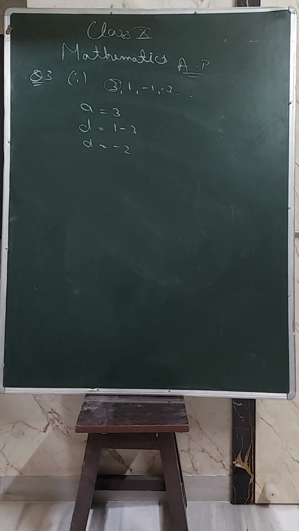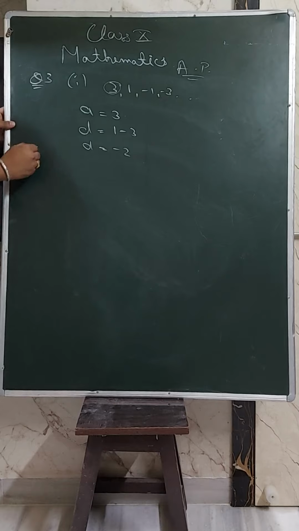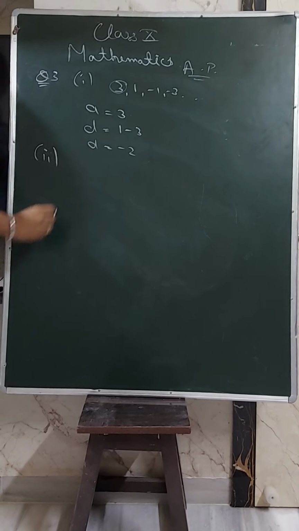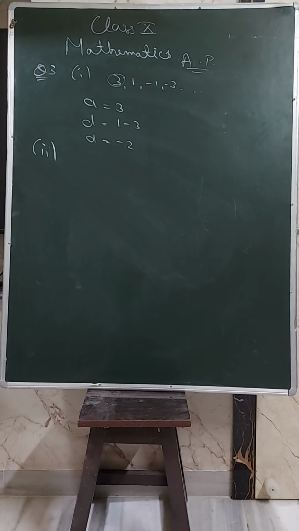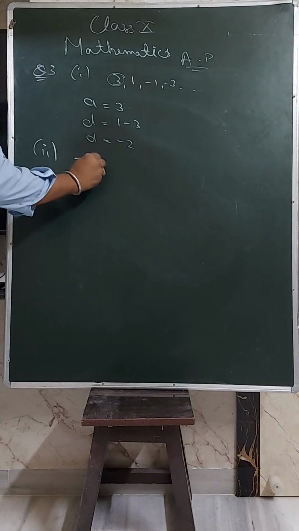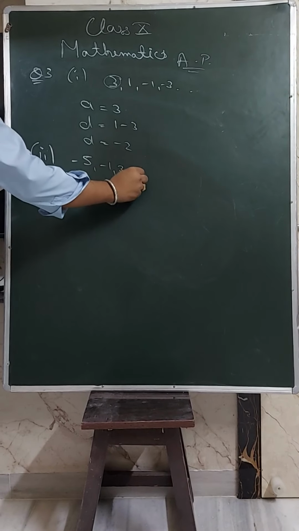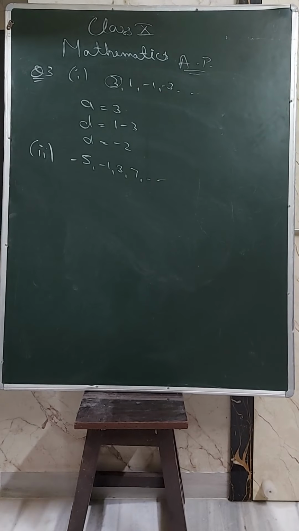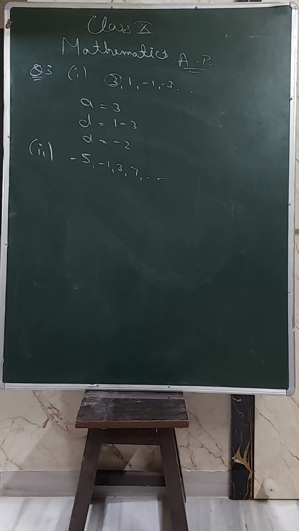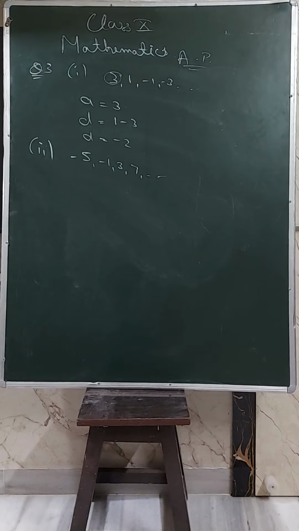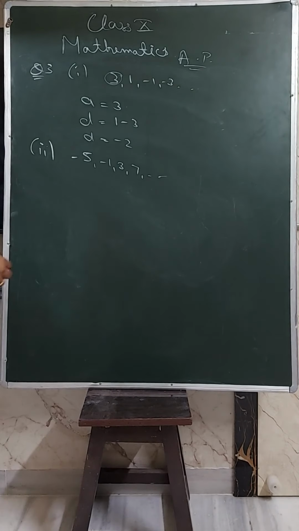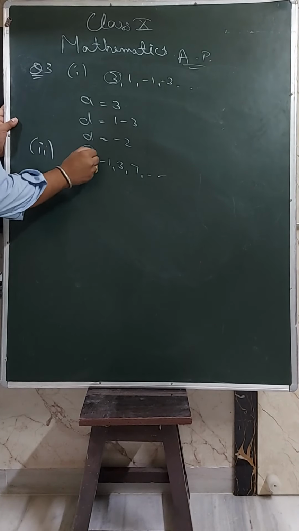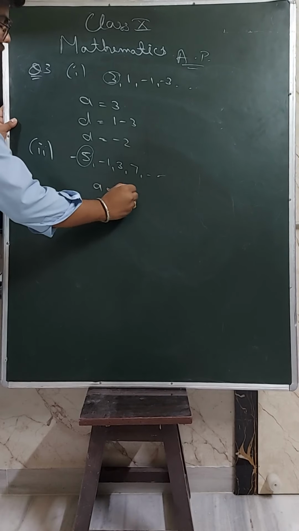One more I will do, the second part: -5, -1, 3, 7. Now again the same thing we have to do. So a is this, a is -5.